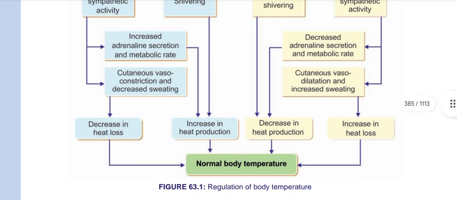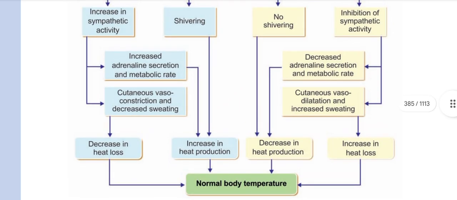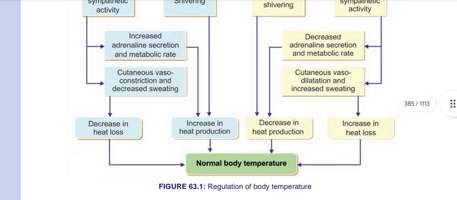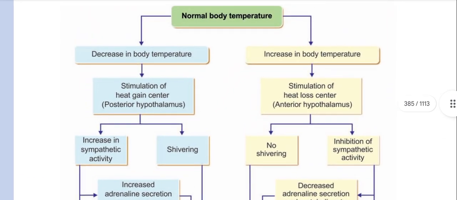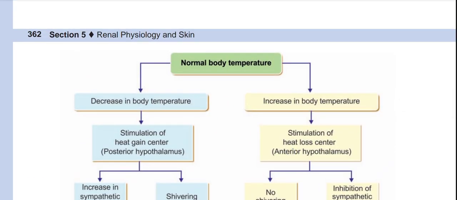The increased sweating and vasodilation will lose the heat, and the absence of shivering and decreased adrenal secretion will decrease heat production, which will further help the body get back its normal body temperature. So, by this mechanism, normal body temperature is maintained, or thermoregulation is maintained.